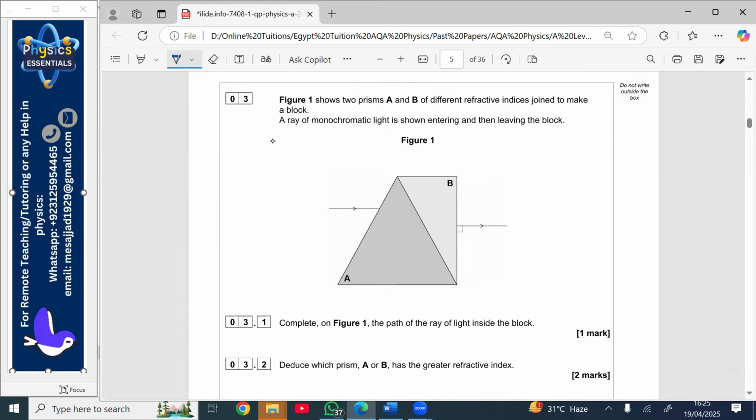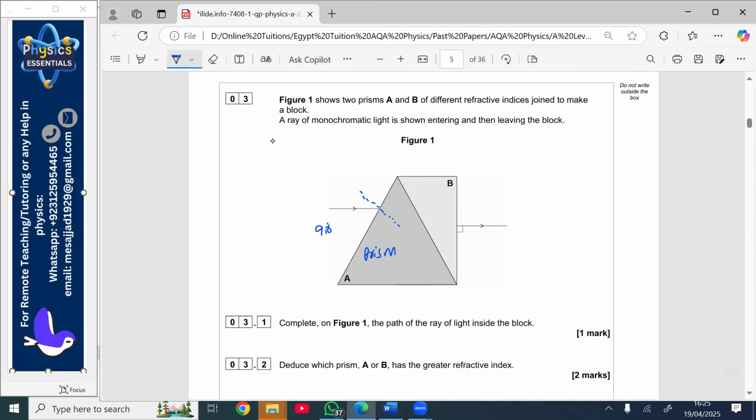3. Figure 1 shows two prisms A and B of different refractive indices joined to make a block. A ray of monochromatic light is shown entering and then leaving the block. Complete on figure 1 the path of the ray of light inside the block. Okay, because this is air and this is prism, the light is going to bend towards the normal.